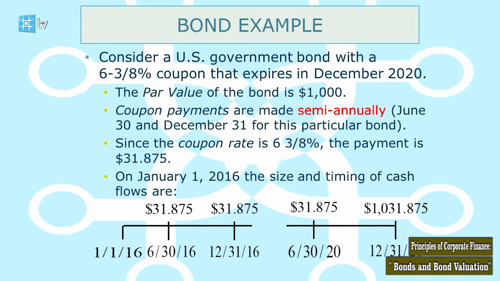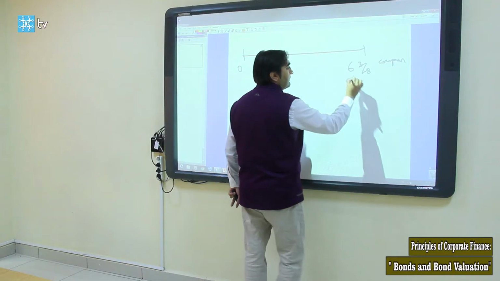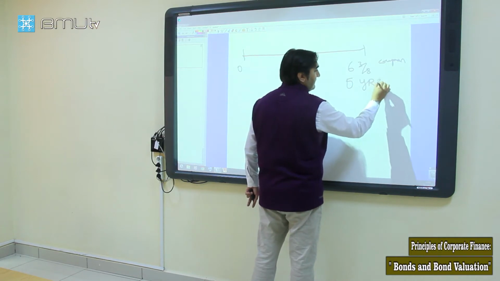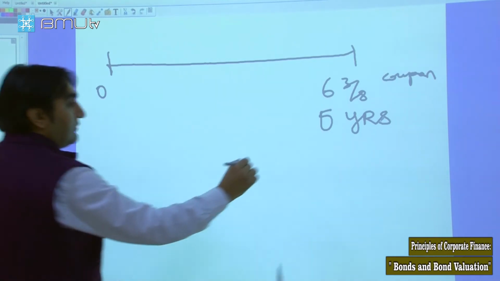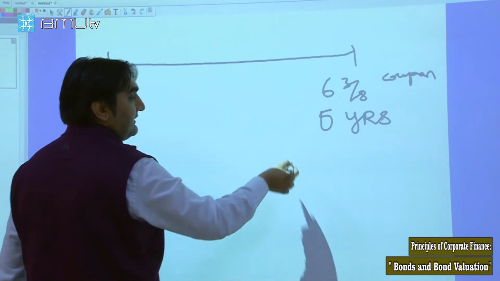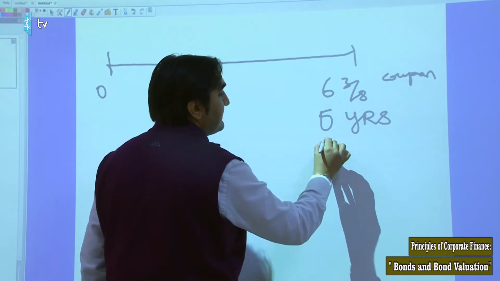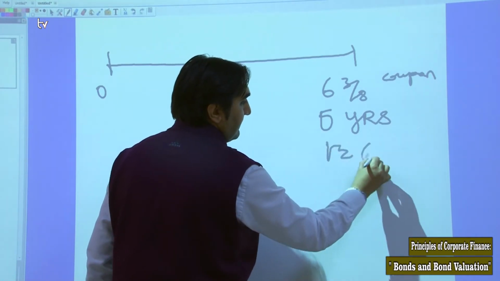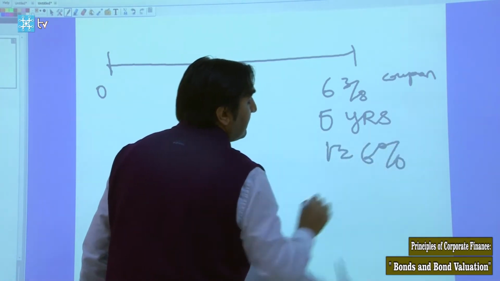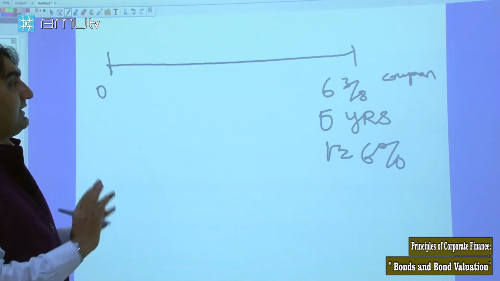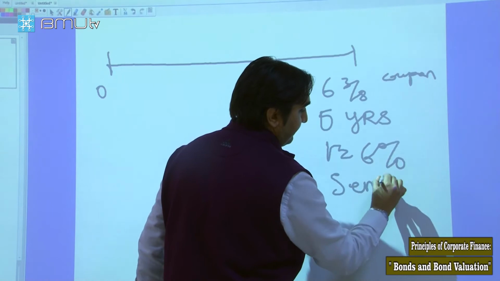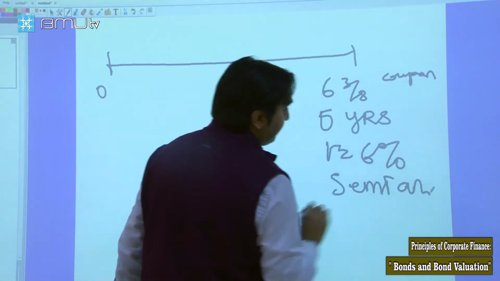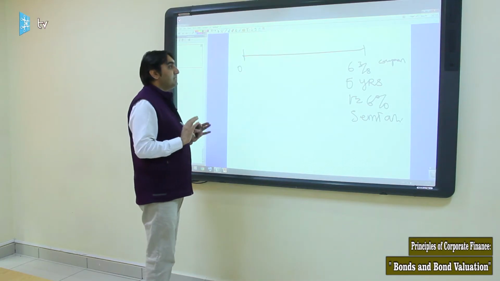That is 5 years. And the required rate is, let's say, 6%. So what's the present value? The coupon is paid semi-annually. So what's the price of this bond?